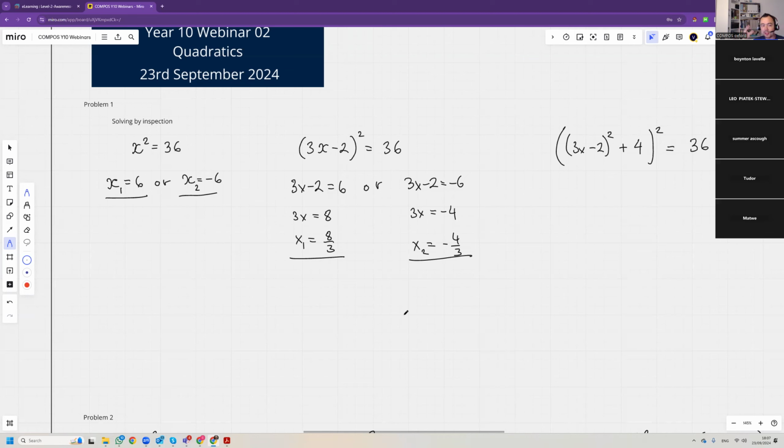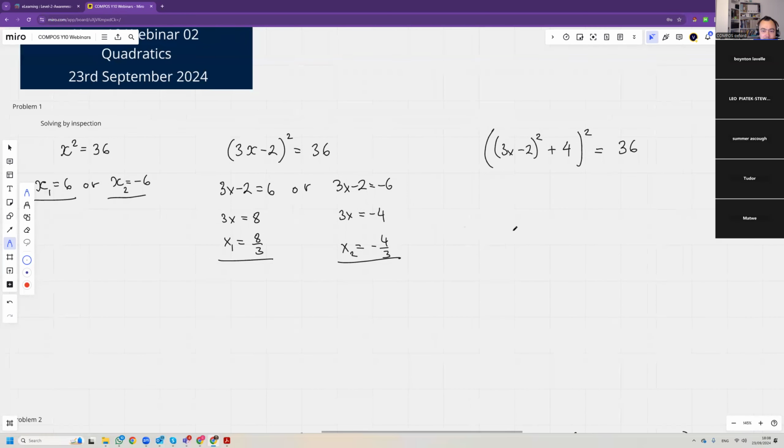Okay, so something squared is 36. That means that something is 6 or minus 6. And that something can be very complicated, but it doesn't change anything. It's this thing squared is 36.